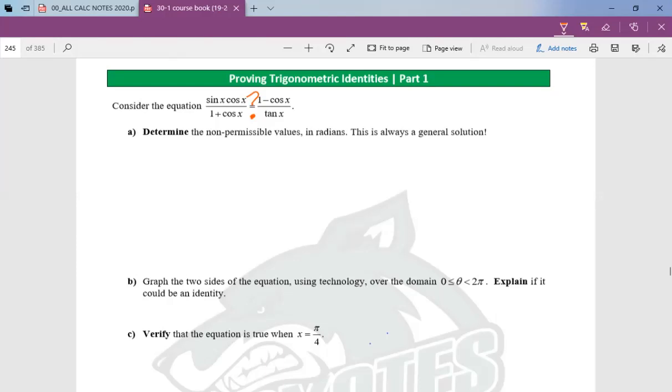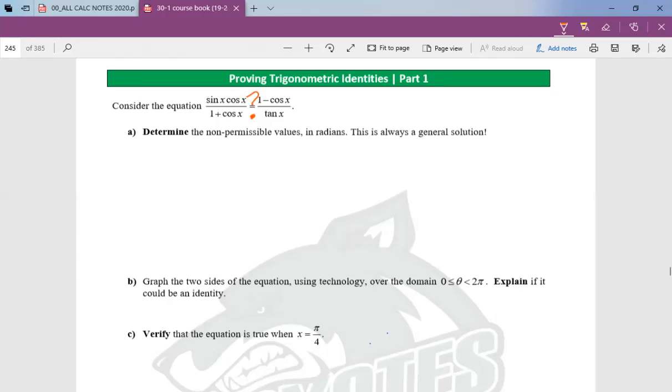It starts off with saying determine non-permissible values. In radians, this is always a general solution, and so we're going to realize that anything that has spent any time in the denominator, so that 1 plus cos x, is going to give us a non-permissible value.